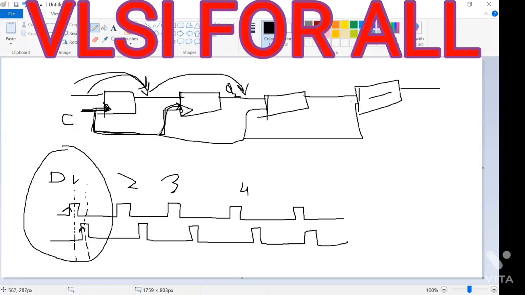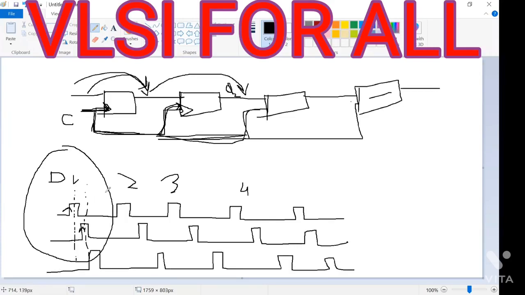And again, there is some net here. Due to this net delay, this clock will also appear a bit delayed. And due to the same reason, we'll capture this value into this flip-flop in the first clock cycle only, because this posedge is still available for this flip-flop to capture the updated value.